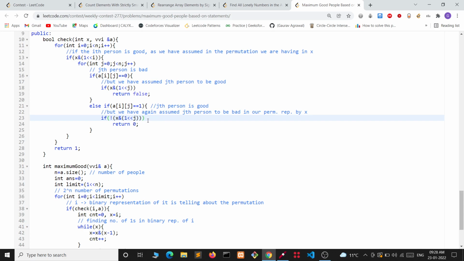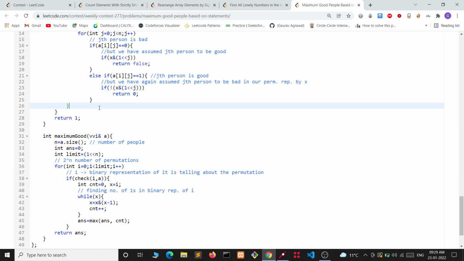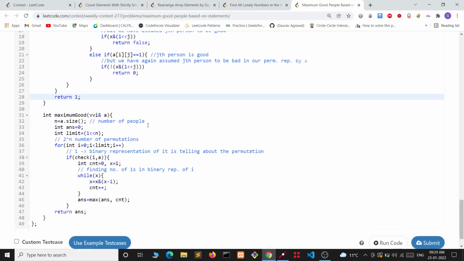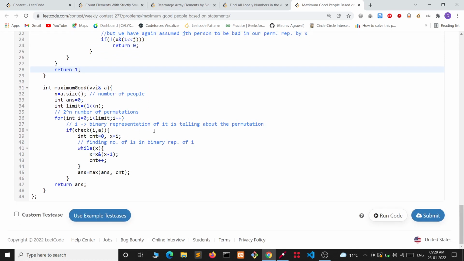But in our permutation we have made the jth person bad, so we return 0 because there is a contradiction. And if there is no contradiction, then we are simply returning 1, which means it is a valid permutation.